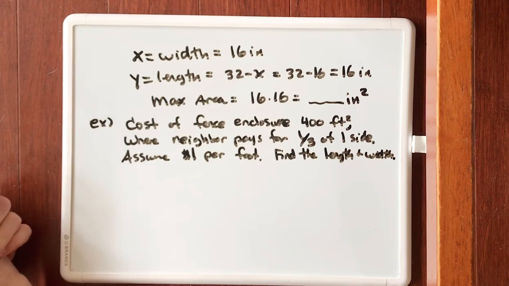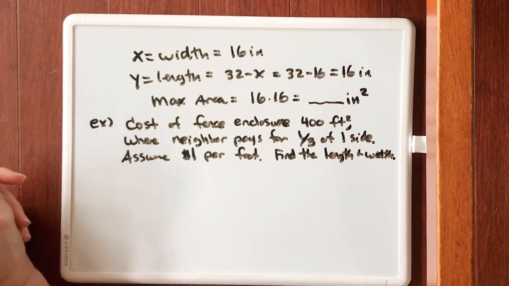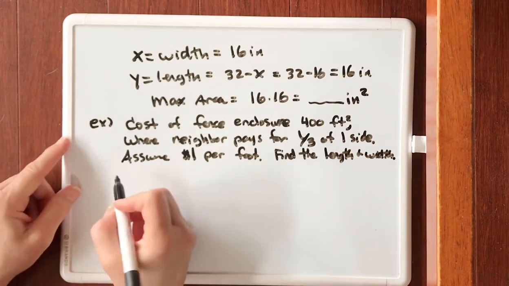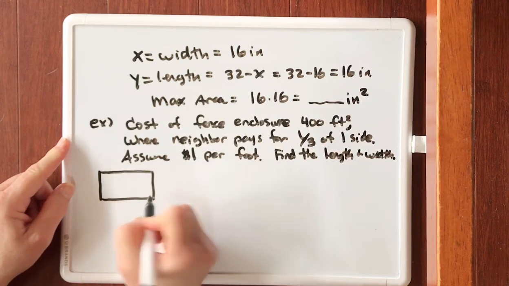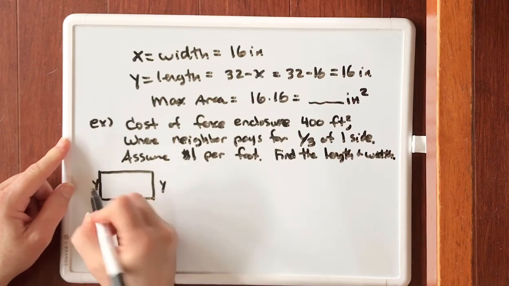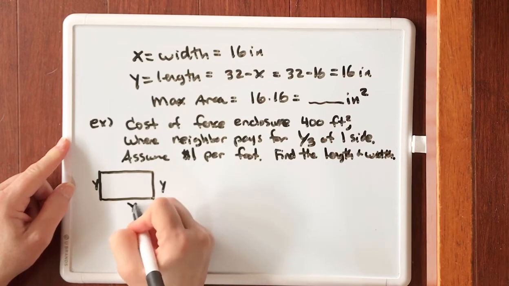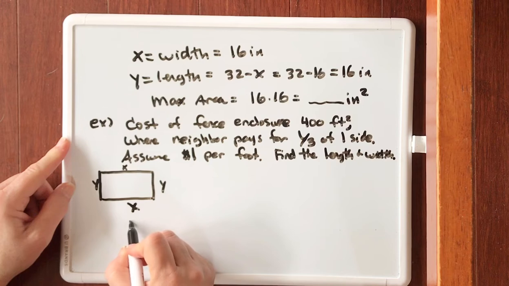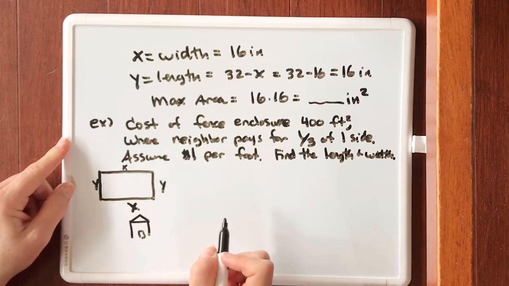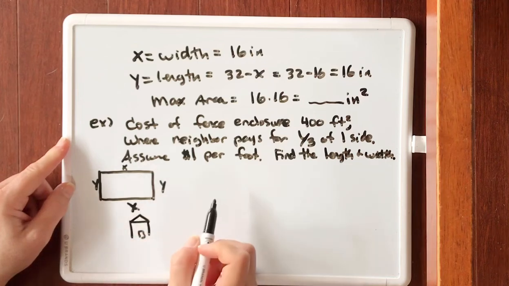Okay, cost of a fence enclosure, that's 400 feet squared, where a neighbor pays for 1/3 of one side. Assume $1 per foot, find the length and width. Okay, so we're going to still use that same rectangle as before. I'm going to call this Y, this X, just because I want to. All right, and here's our little neighbor. The neighbor's going to pay for 1/3 of this fence.